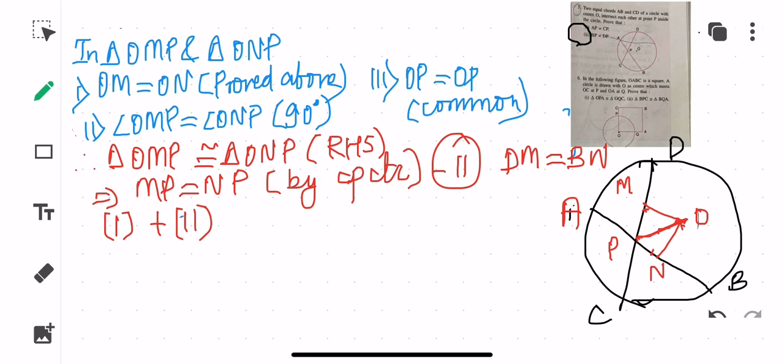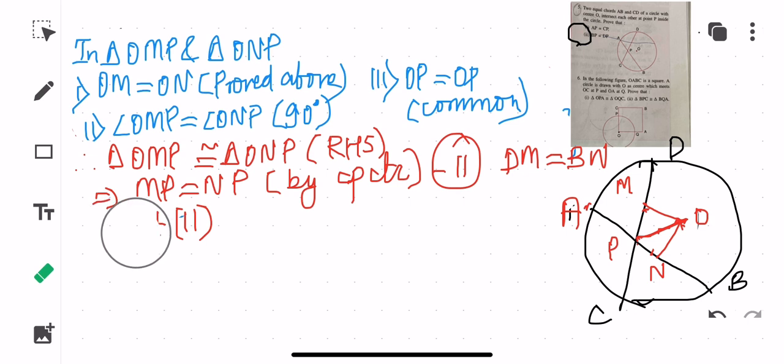Actually, we would have taken AP and CP, children. So we need to prove that AP is equal to CP. Okay, so basically the first sub question, we need to take something. All right, no issues, children.